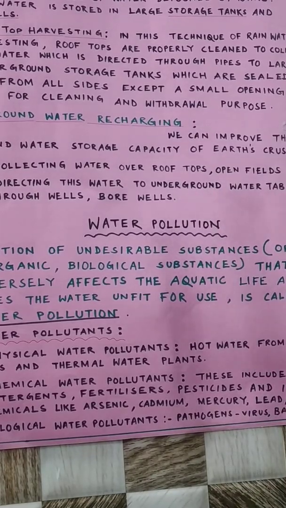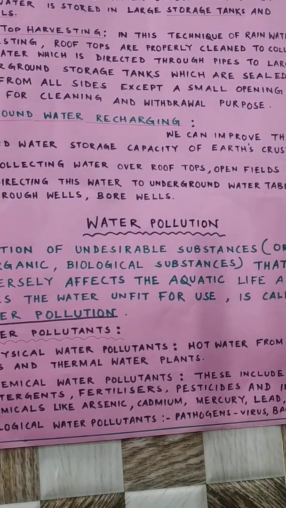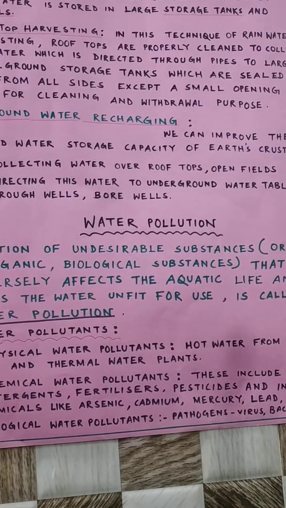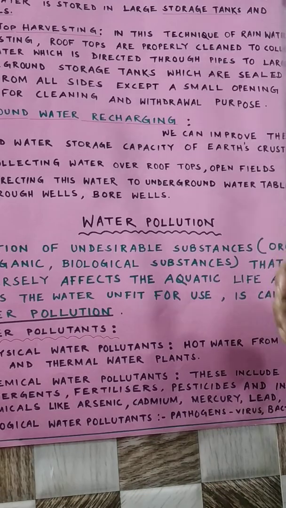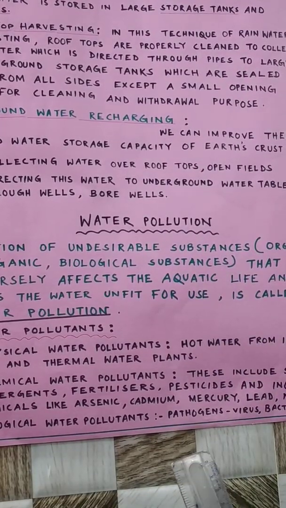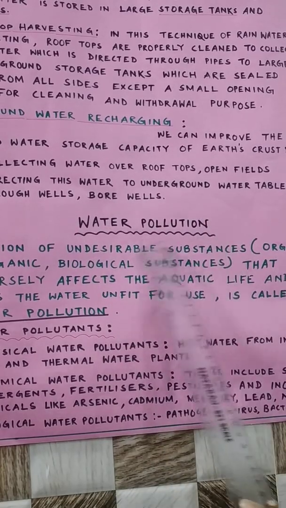So these are the two methods by which the underground water table can be increased and rainwater can be collected in large storage tanks.